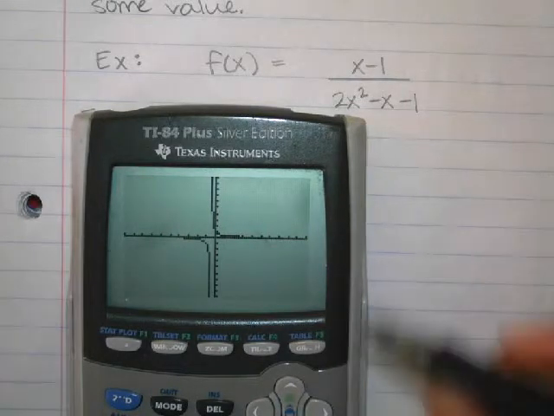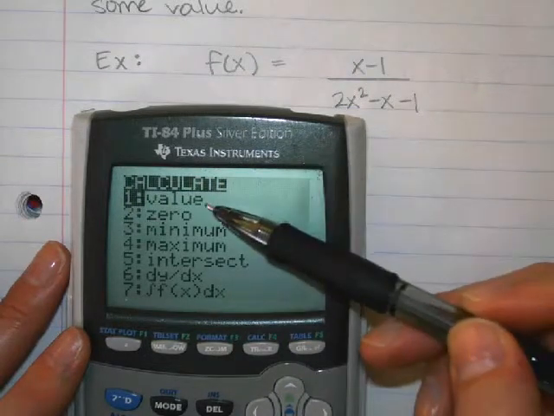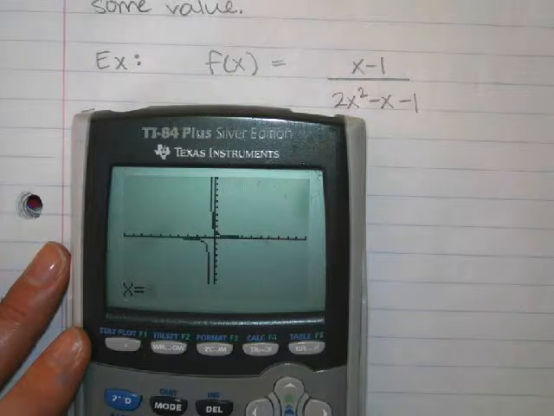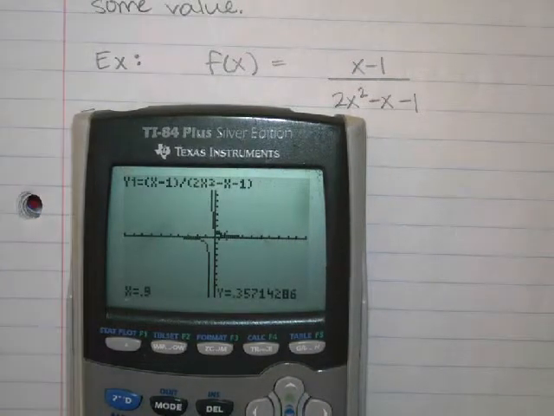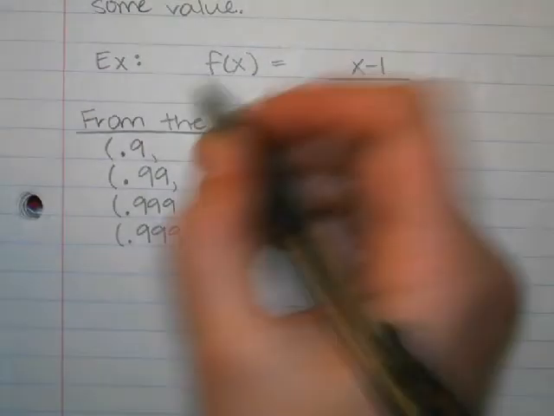And then we're going to plug in these x values. I'm going to do second trace, option number 1. First I'm going to plug in 0.9 and see what I get. For this one I get 0.357.